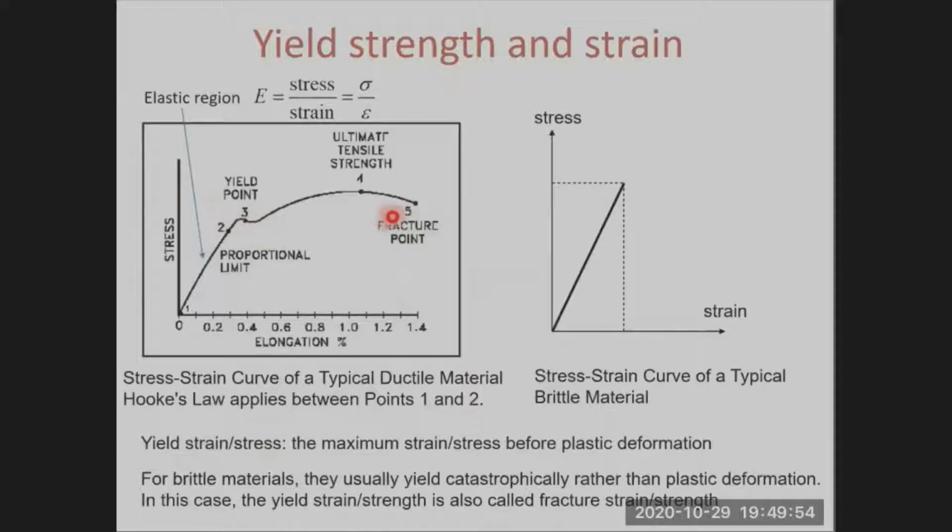Because point 3 and point 5 are two different points. For brittle materials, this point actually overlaps together, so the yield strain or strength is the same as the fracture strain or strength. That's the difference between ductile and brittle materials. Questions?